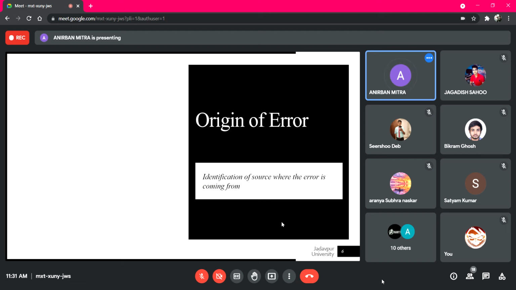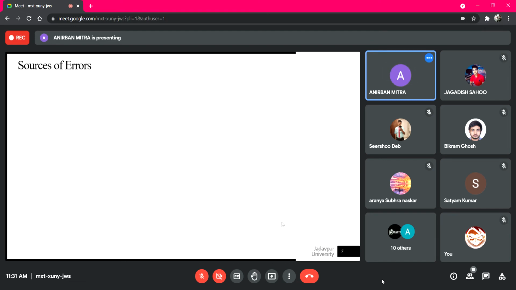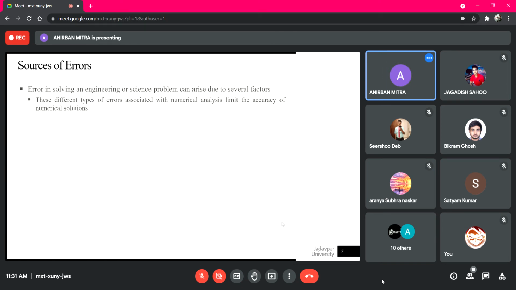This is where we identify the source where the error is coming from. And obviously, these errors can arise from various different factors. These different types of errors, that means errors arising out of different sources that are associated with the numerical analysis, always limit the accuracy of the numerical solutions.